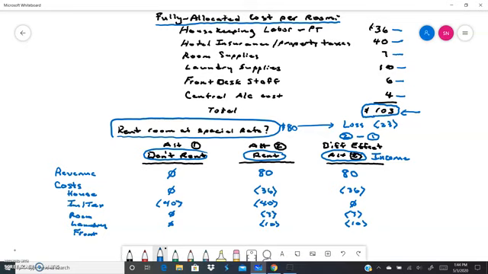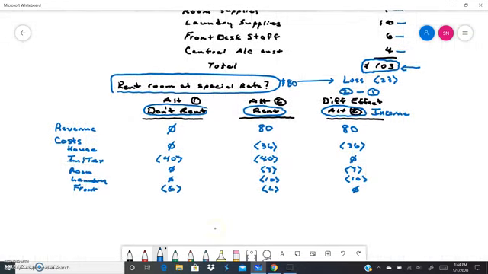Okay, the front desk staff. Whether we rent the room or not, we are going to have the front desk staff there. They have to be there for everybody. And whether we rent the room or not, they are going to be there. So, again, 0 effect. I'm just going to move this up a little bit.